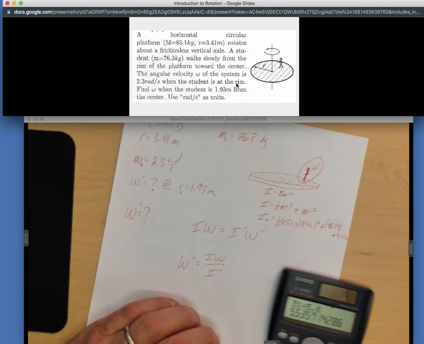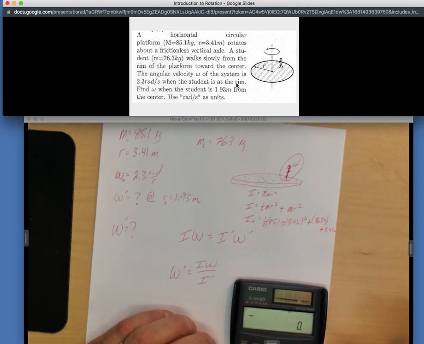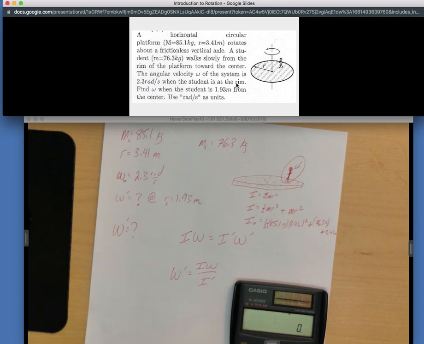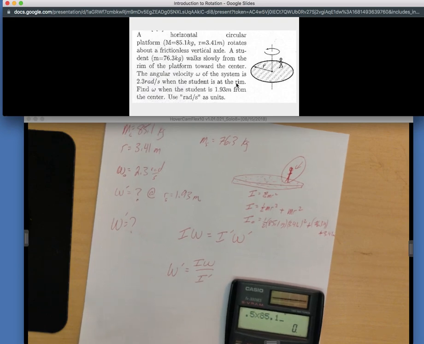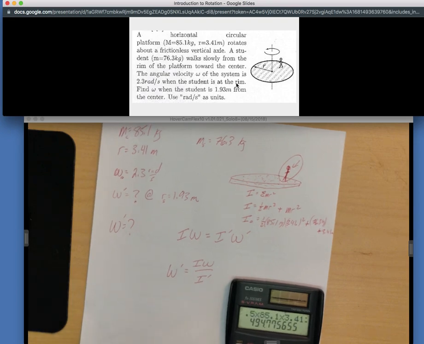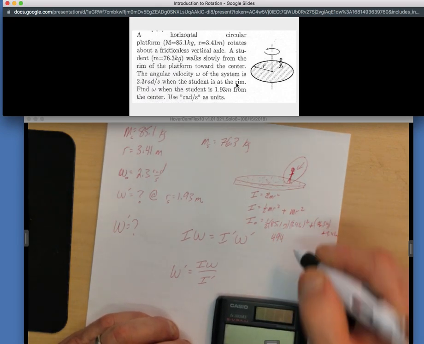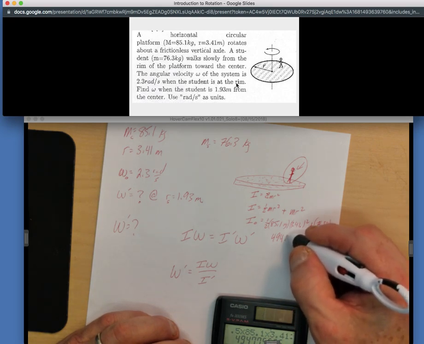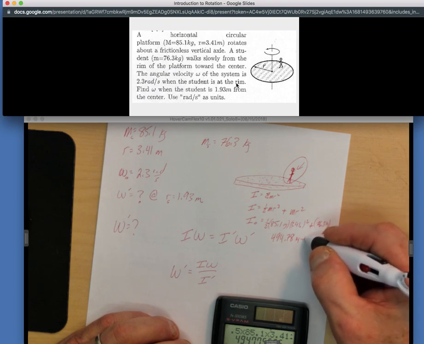And so the moment of inertia is the summation of all the MR squareds, the disk plus the person, the whole thing. The disk itself, just the disk without the person, has a moment of 0.5 times 85.1 times 3.41 squared. The disk itself has a moment of 494.78, carry an extra sig fig here, and those are kgs times meters squared.